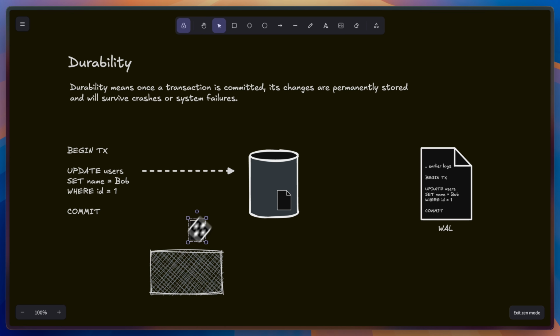All right. But assume that before it was able to flush that onto the disk, your database server went down. In that case, obviously the data which is present in the RAM will be lost, isn't it?